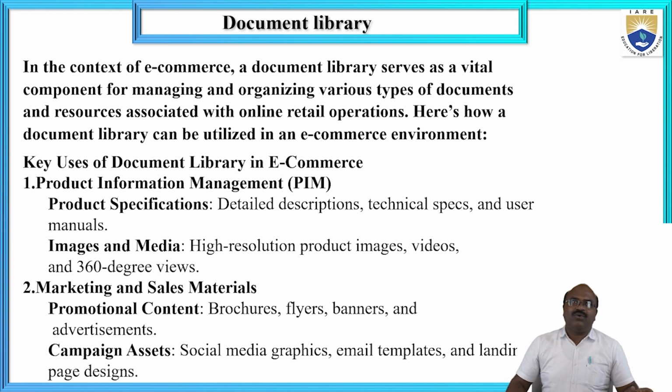Okay, and another place is images and media. Image is nothing but a picture or, whatever it may be, a motion of the data: high resolution product images, video, and 360 degree views. So product information management PIM covers product specifications, details, description, technical specs, user manuals, and images and media, high resolution product images, videos, and 360 degree views are also required.